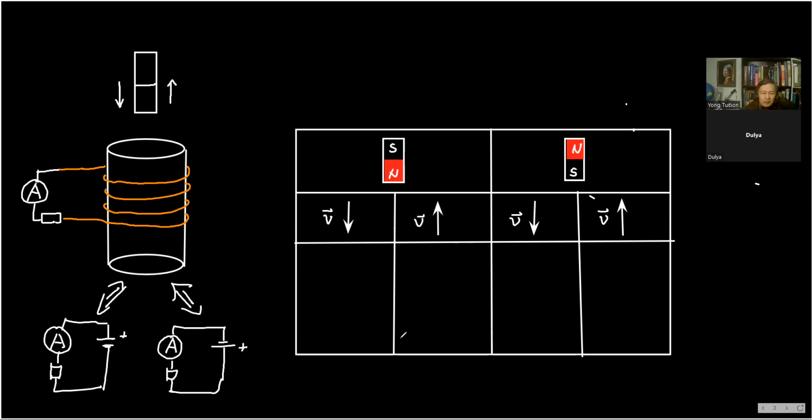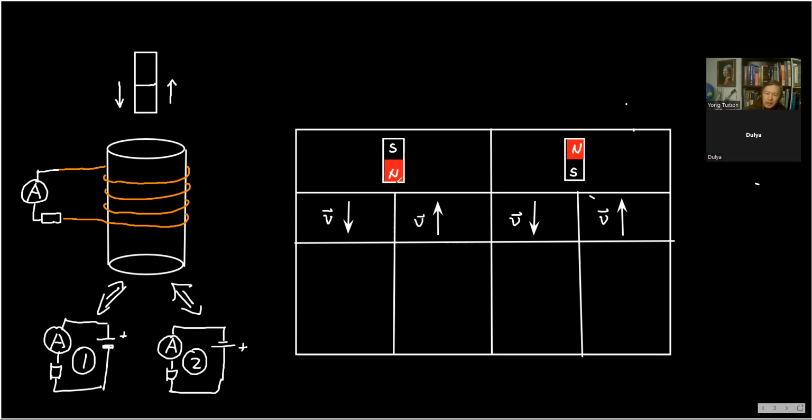So this is scenario A. Can you say this is in terms of the battery, this induced current? We can call this situation one and this situation two. Now let's move to the first one.